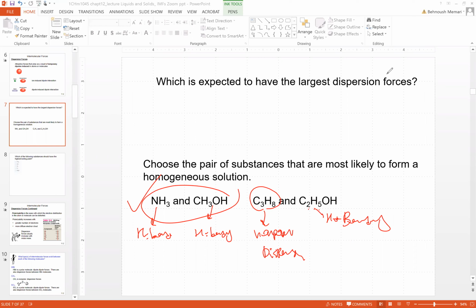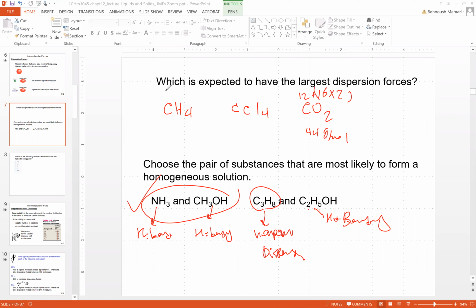Largest dispersion forces. Let's say you have CH4, CCl4, and CO2. They're all nonpolar, and we want to know which one has the largest dispersion forces. So what you need to do is find the molar mass. CO2 is going to be 44 grams per mole, coming from 12 plus 16 times 2.